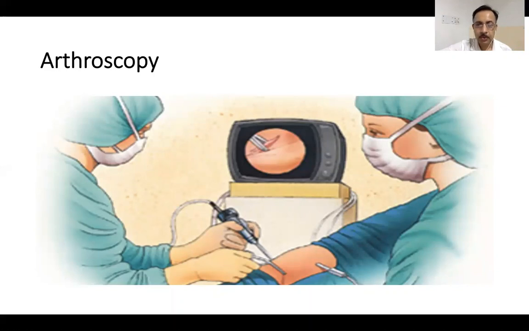Secondly, you can go around the corners, you can reach the back of the knee, and you can see structures which are normally not visible with the naked eye. So it started gaining popularity for management of problems of the knee joint like meniscal injuries and ligament injuries. All these intra-articular problems started to be managed with the help of the arthroscope.